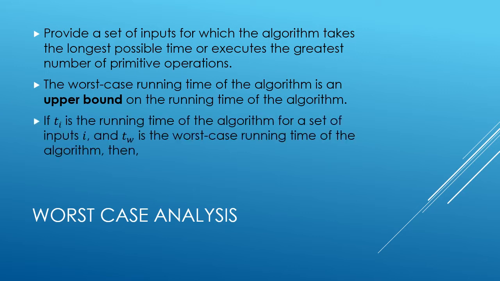If Ti is the running time of the algorithm for a set of inputs I and Tw is the worst case running time of the algorithm, then Ti is always less than or equal to Tw.